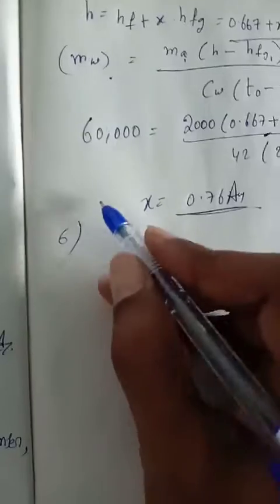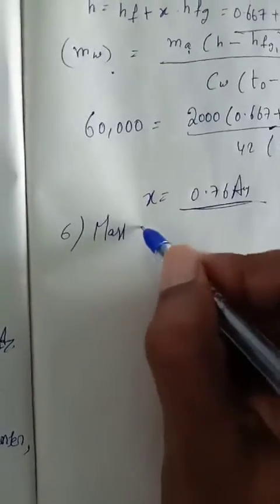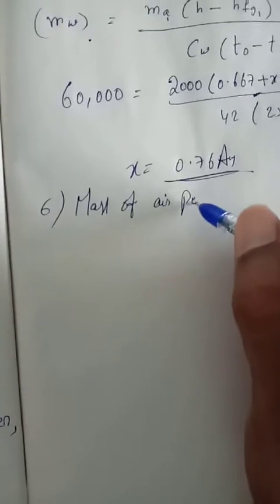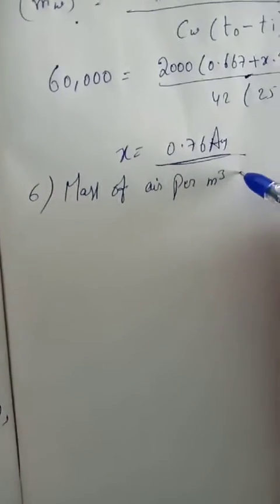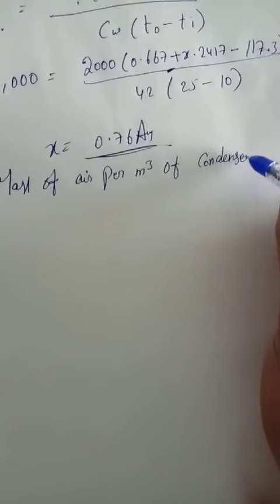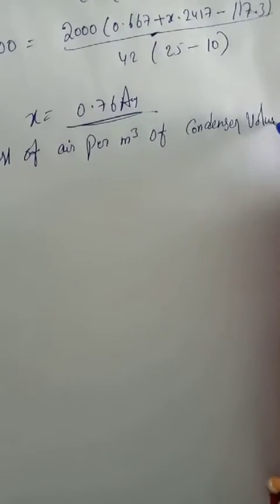And now we are going to see the sixth one. What is that? Mass of air per meter cube of condenser volume.